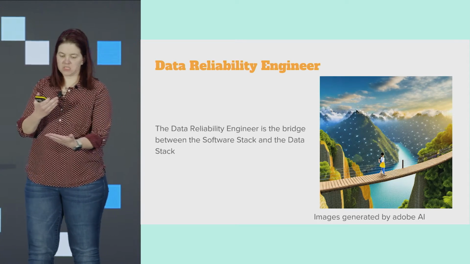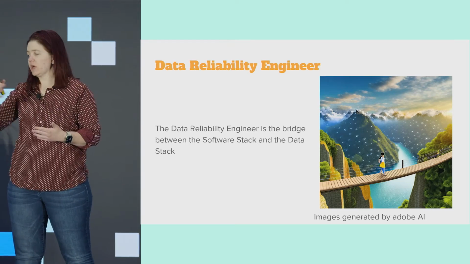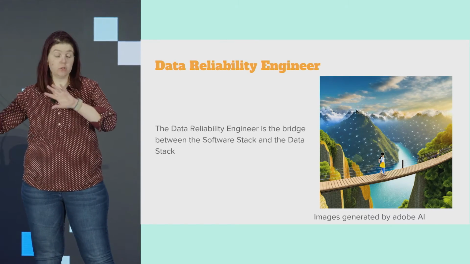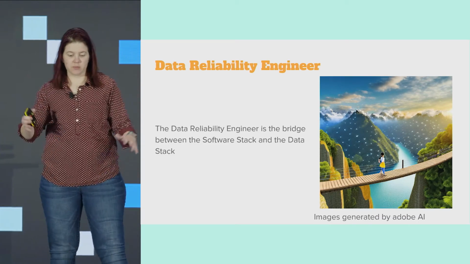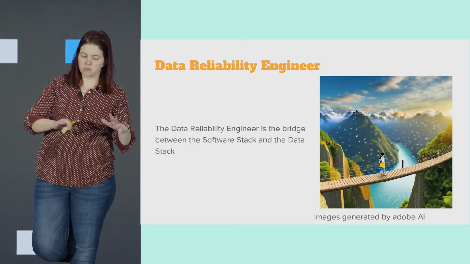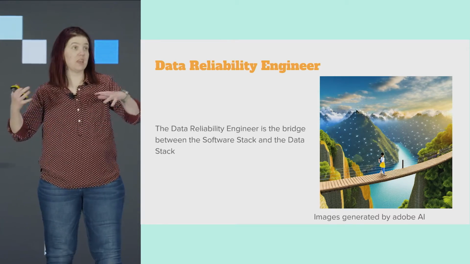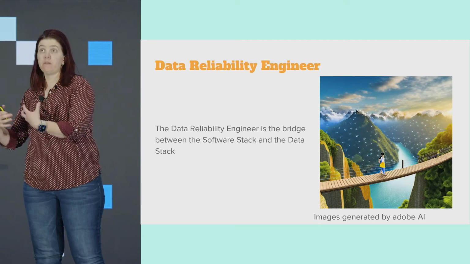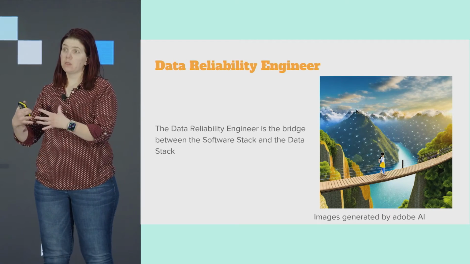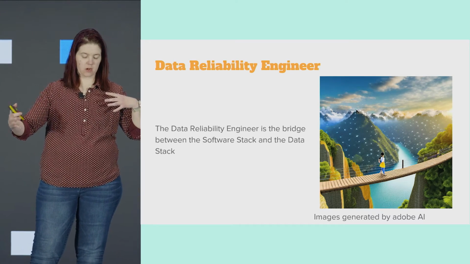They're working on things like data contracts in the data stack, making sure that things the software engineers do do not break what the data engineers are doing. They build trust. They're working with cloud infrastructure teams to set up the right automation, and they're looking for places in the data systems where they can add monitoring and metrics to better inform their team of things that need to be remediated so that they can better work together.